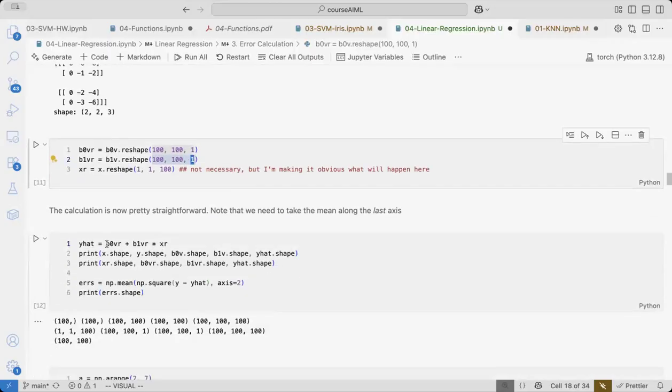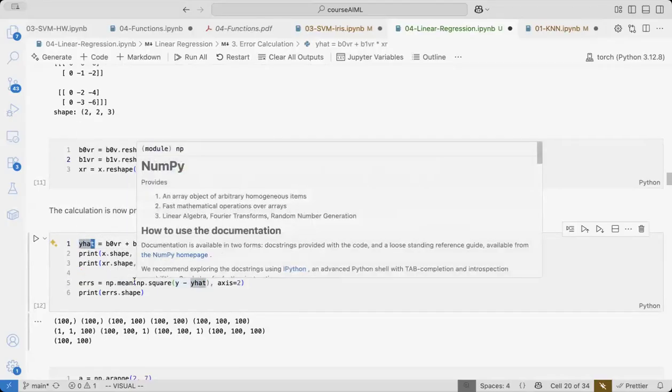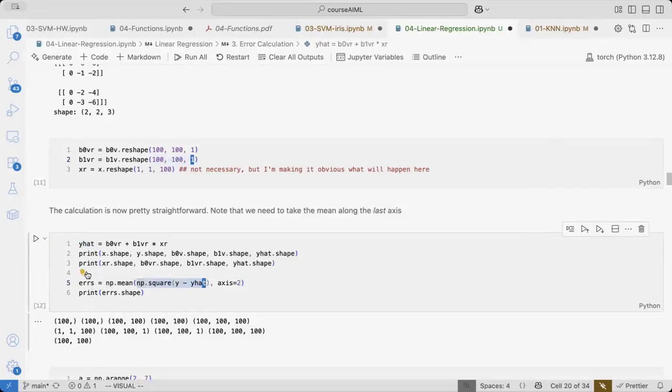And then all I have to do is B0VR, so that's the vectorized and then reshaped, plus B1VR times XR. And then Y minus Y hat, this was Y hat, right? Square it. And then I take the sum along axis equal to 2 and I divide by n. That's going to be my errors or my loss function.